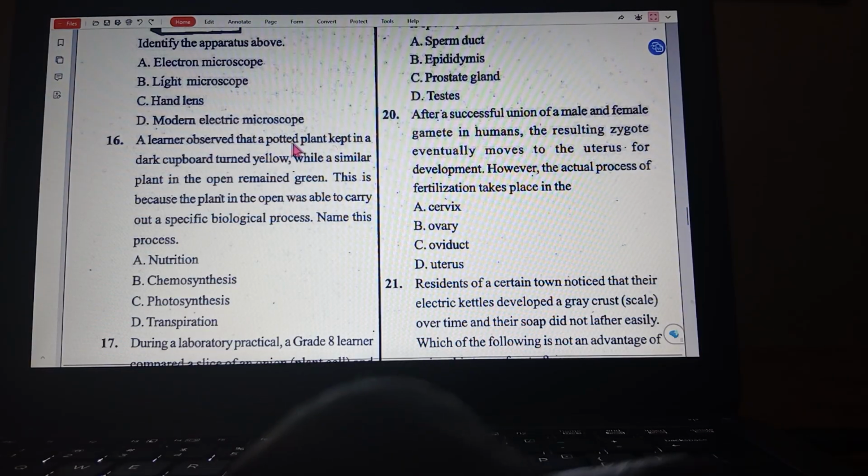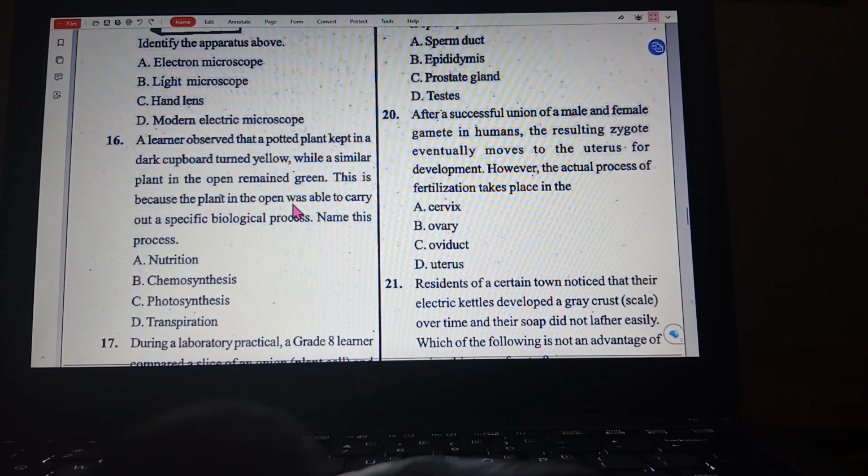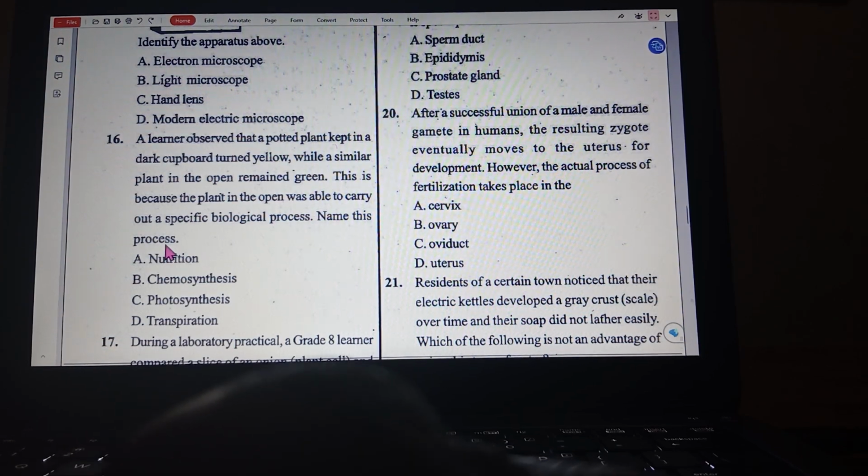Alan observed that a potted plant kept in a dark cupboard turned yellow, while a similar plant in the open remained green. This is because the plant in the open was able to carry out a specific biological process. Name this process.